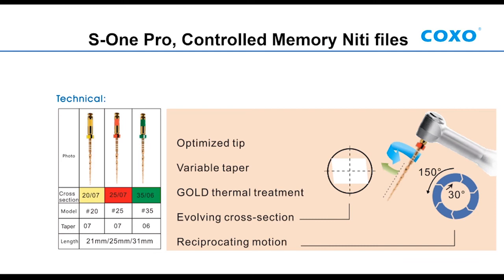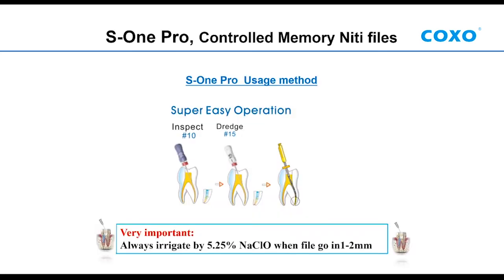Now it's time for our S1 Pro reciprocation files. You can see the working mode is forward 30 degrees and reverse 150 degrees. This is the method for using S1 Pro.